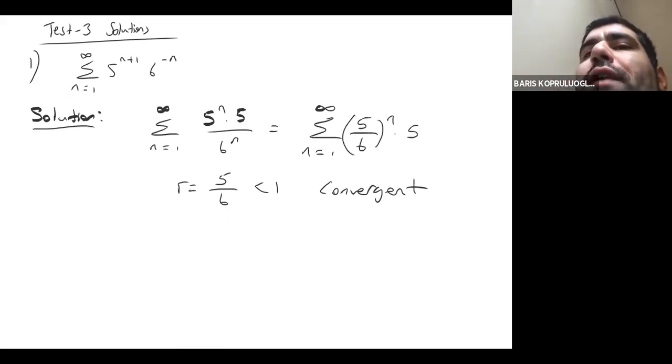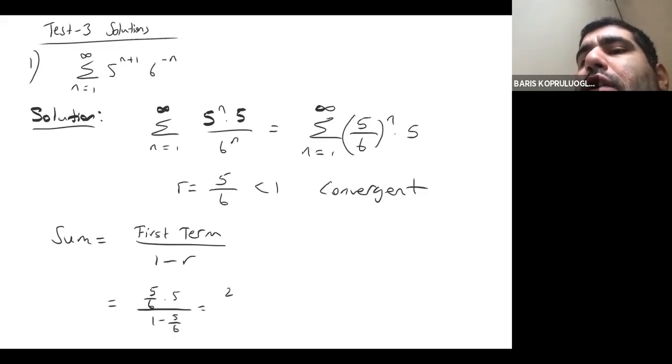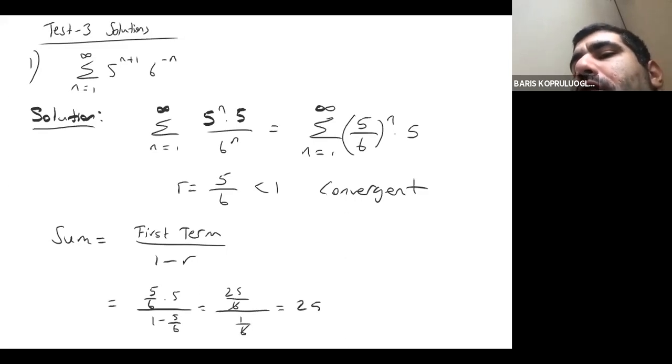Once you figure that out, you need to find the sum, and the sum is going to be the first term over 1 minus r. The first term, if you plug in 1 for n, you will get 5 over 6 times 5 over 1 minus 5 over 6. If you do that, you will have 25 over 6 over 1 over 6, which is 25.